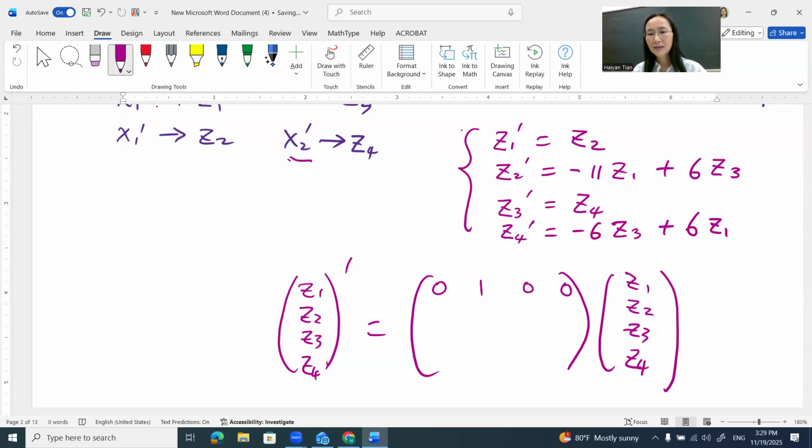The second equation determines the second row of the matrix A, that is negative 11, 0, 6, 0. Then the third equation is Z4. And the last equation is 6 Z1, negative 6 Z3, and 0 times Z2, 0 times Z4. So we see this first order system of equations.